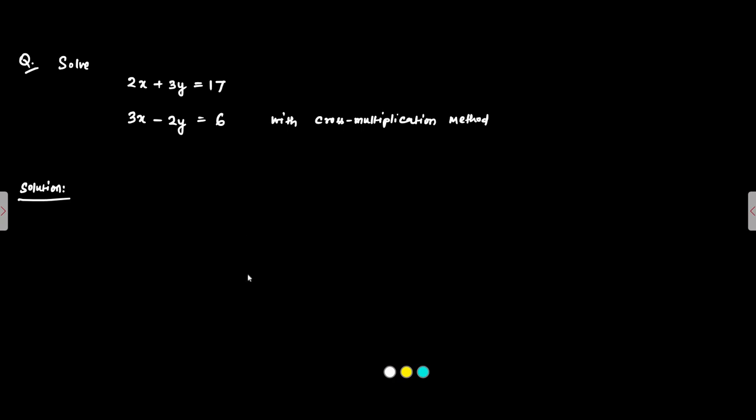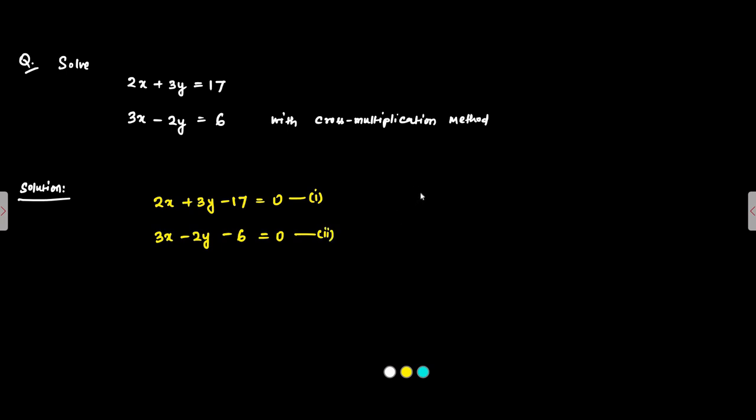So first we'll write them in the standard format, which is 2x plus 3y minus 17 is equal to 0 and 3x minus 2y minus 6 is equal to 0. So this is equation 1, this is equation 2.